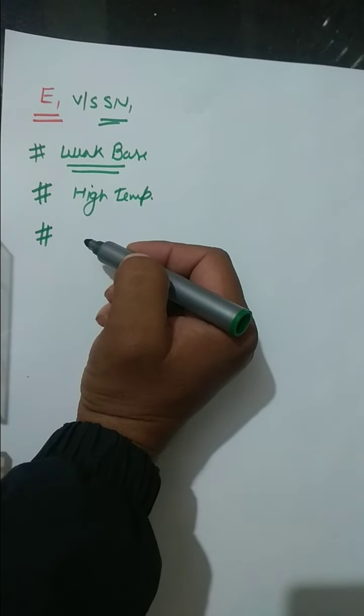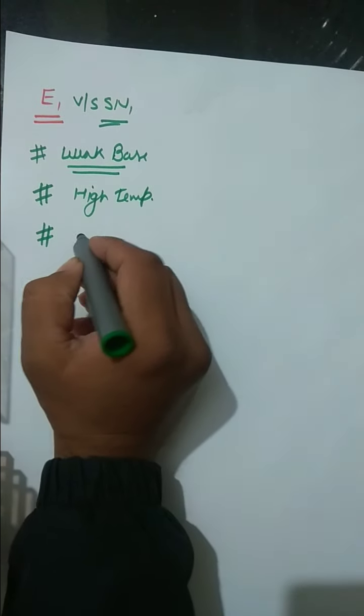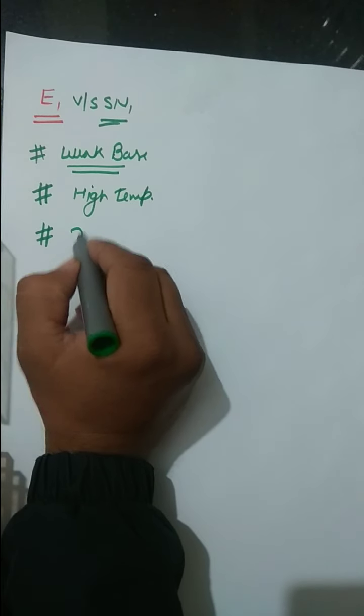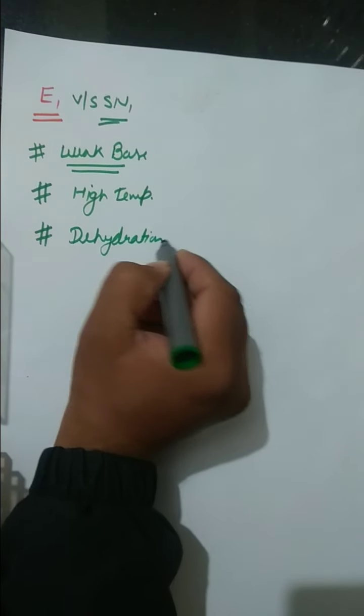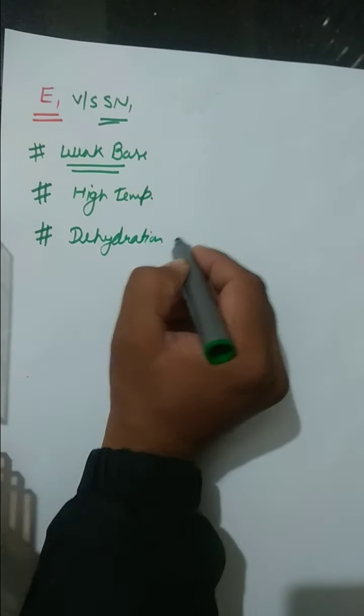As well as we can say if there is the dehydration of alcohol, acidic dehydration, that reaction is always E1.